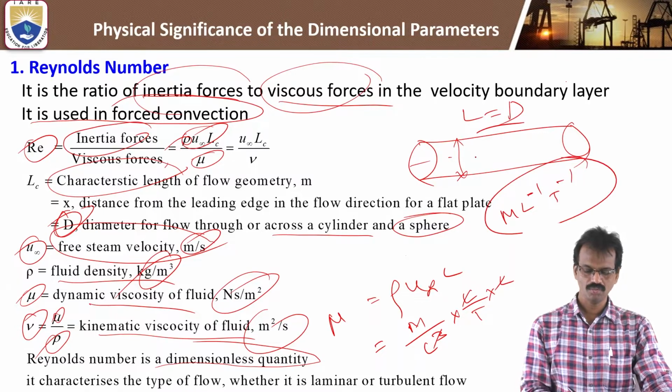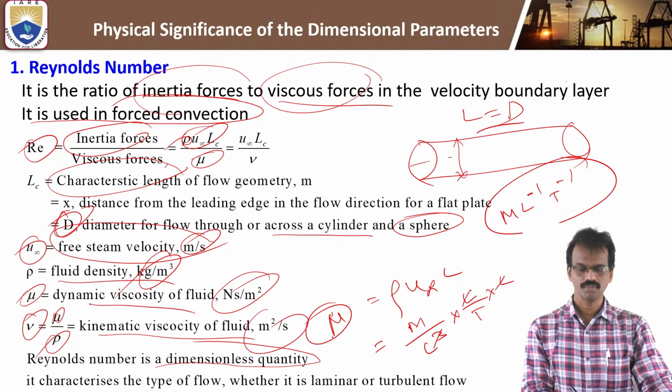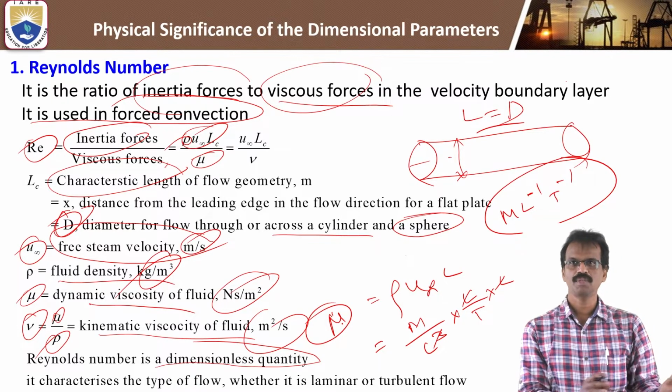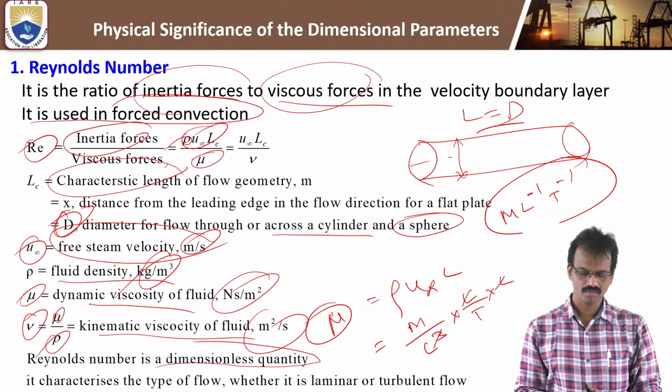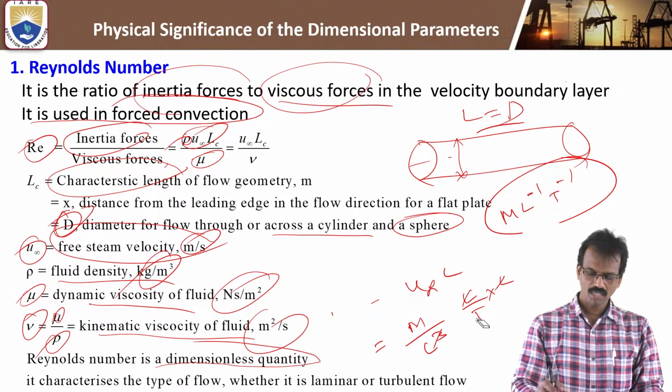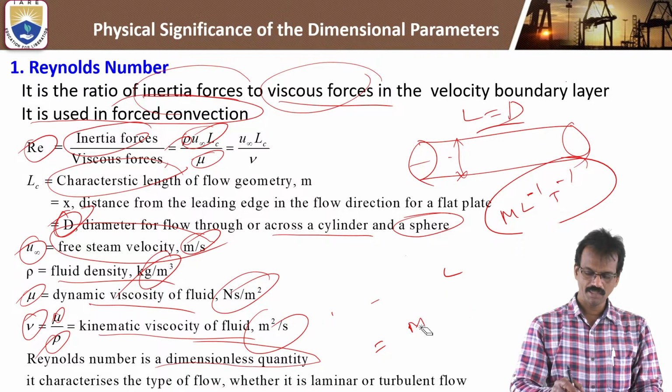That is the unit of dynamic viscosity, which we already saw in previous classes. So the Reynolds number is a dimensionless quantity.